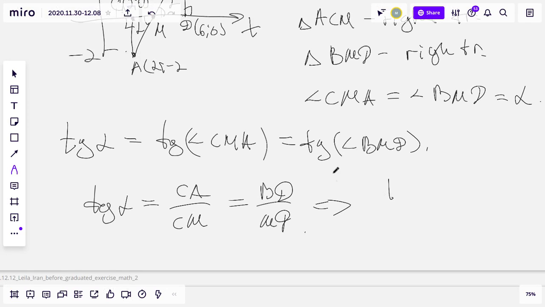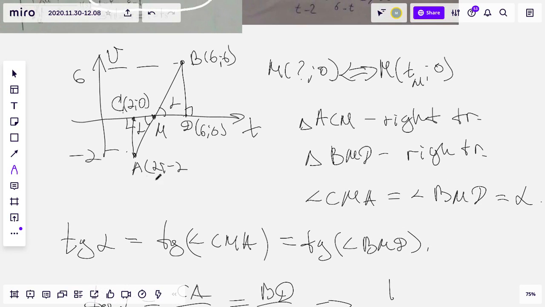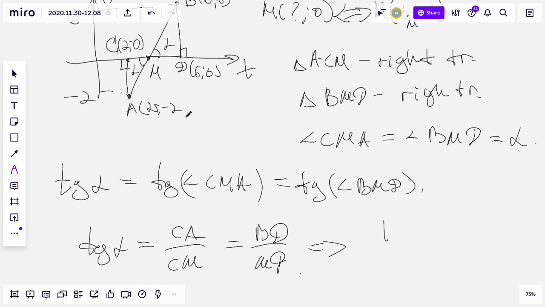CA has a length 0 minus 2, exactly 2, and we write 2.